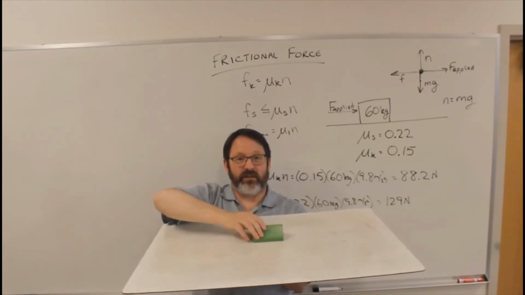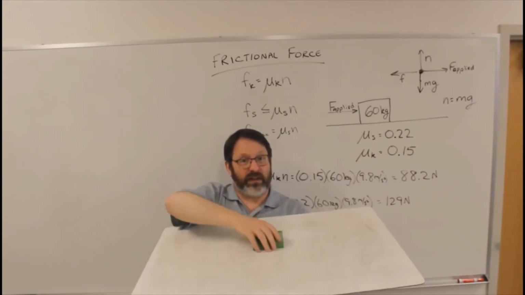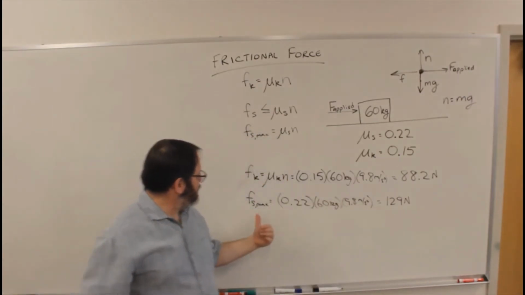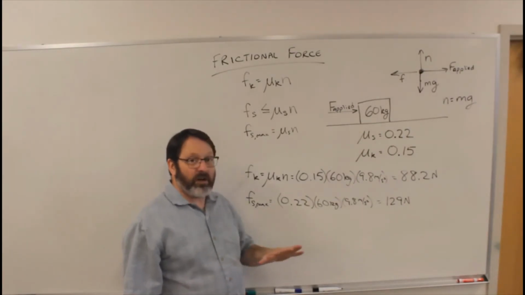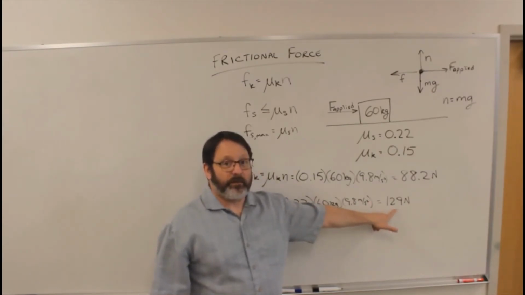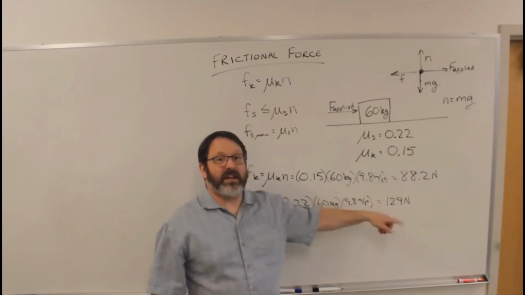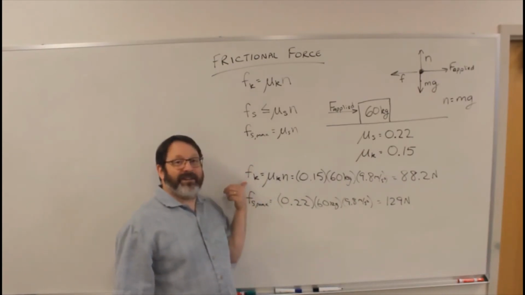So what you have to do is apply enough force to get it to start moving. In this case, that would be this maximum static force. So it won't move at all until you apply this much force to it. Once you apply that much force, now it will start to move, and suddenly we start to use the other one. So the kinetic force of friction.